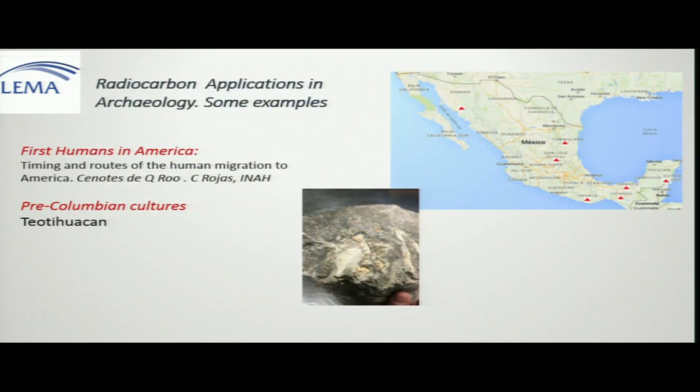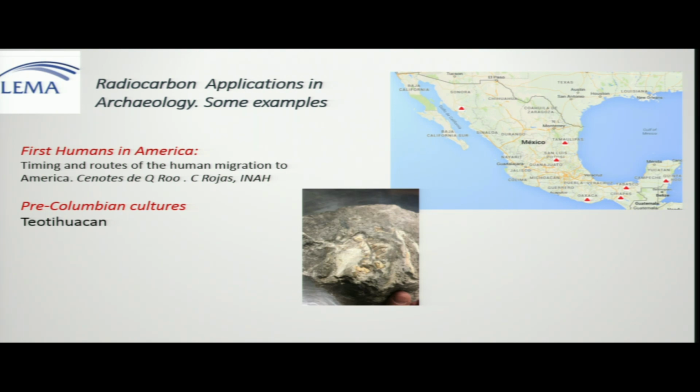I will tell you a little bit about some applications that we have done. Many people working in the archaeological sciences have come to our lab. For example, I would like to talk about a very interesting study about the first humans in America. These samples come from the sinkholes in Yucatan, and cenotes from Quintana Roo.